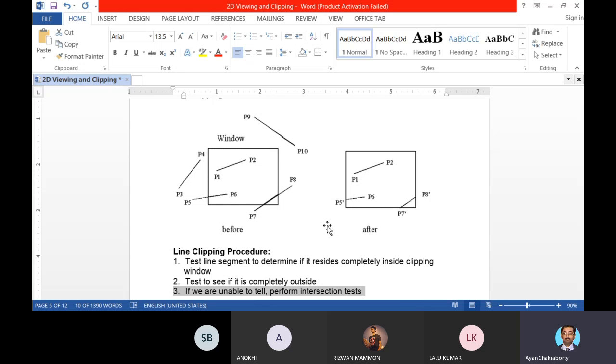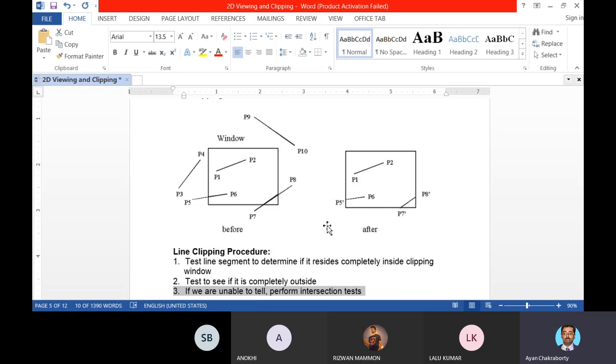If the point is outside the window frame, then we have to check whether that straight line has any intersection with any side of the window frame or not. If there is any intersection, then the straight line will be partially visible to the viewer, because the portion of the straight line in between those intersection points will be inside the window frame.